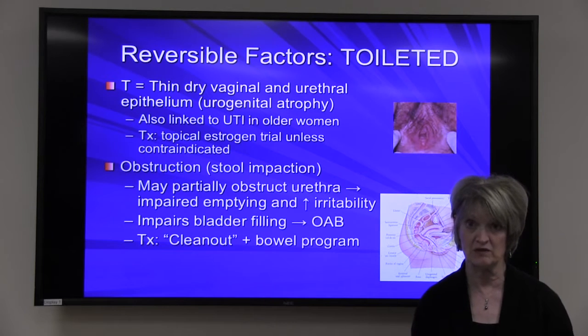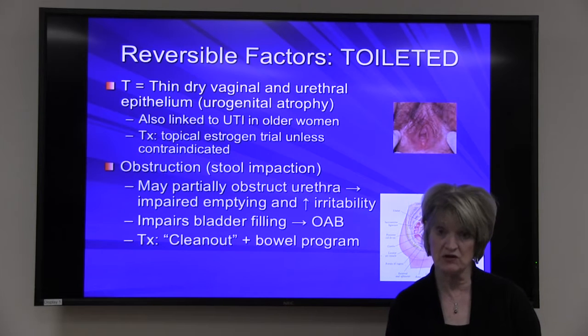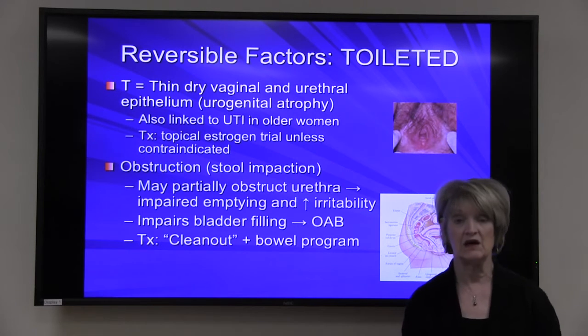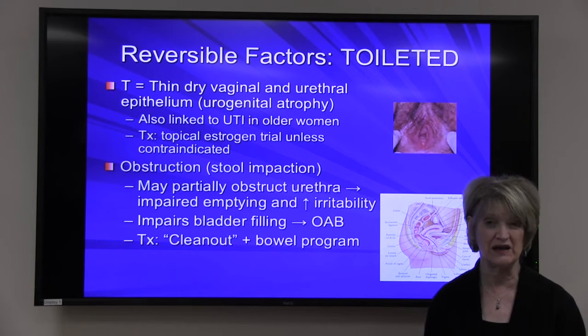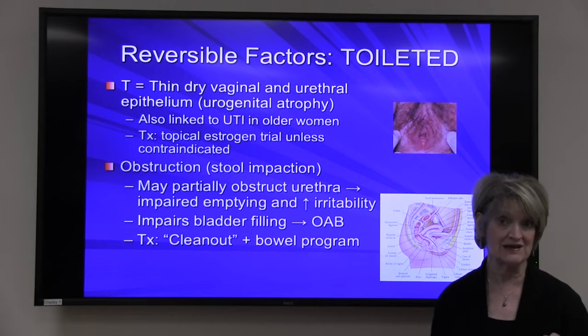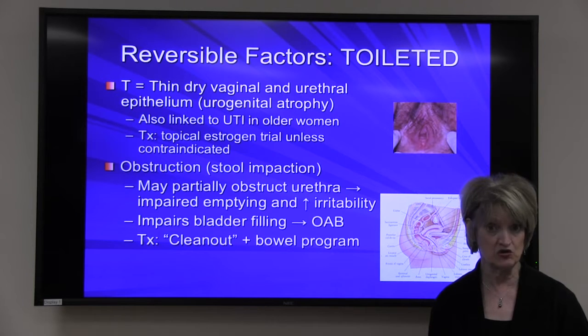So if you have a female, she's postmenopausal and she's having symptoms. She's having urgency and frequency and leakage. She may be complaining of some vaginal symptoms as well. She has evidence of urogenital atrophy on physical exam. Then it's worth a trial of topical estrogen.